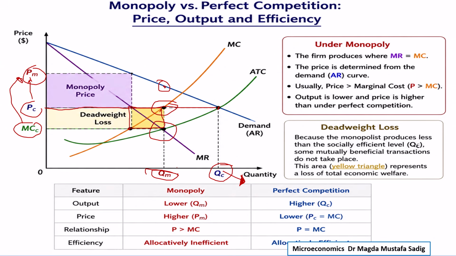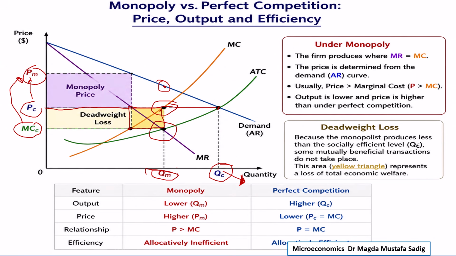So the price is greater than marginal cost. This is the marginal cost, and the price is greater than the marginal cost. And these conditions contribute to allocative inefficiency. Why? Because there is economic welfare that is not met. Let us express this as a chain. Monopoly means higher price plus lower output, and this price is larger than marginal cost.